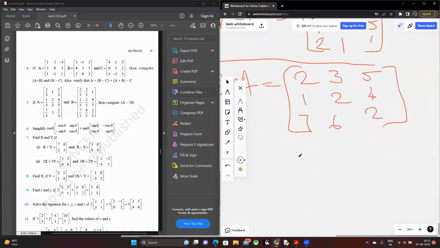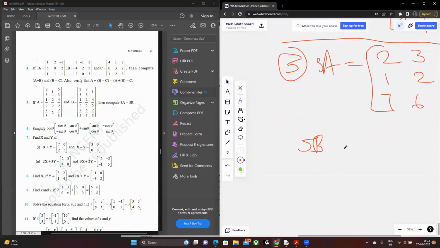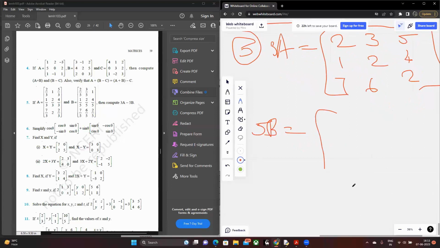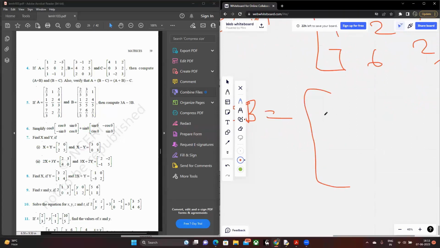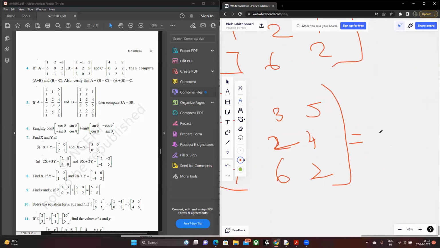Alright. And 5 times B is going to be the matrix 2, 3, 5, 1, 2, 4, 7, 6, which is basically equal to 3.